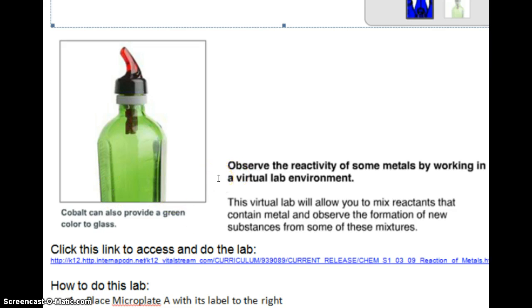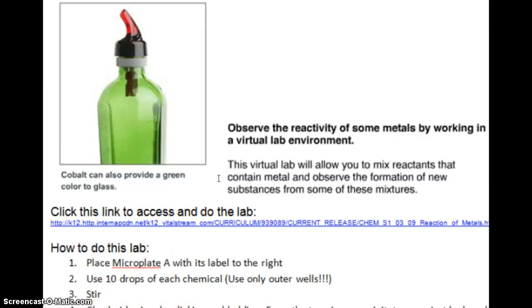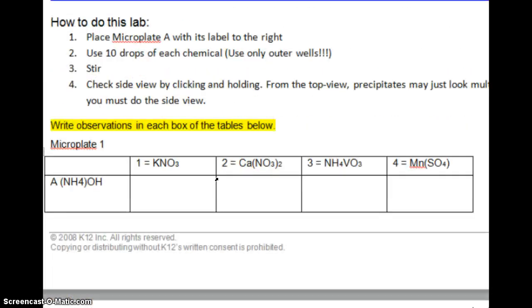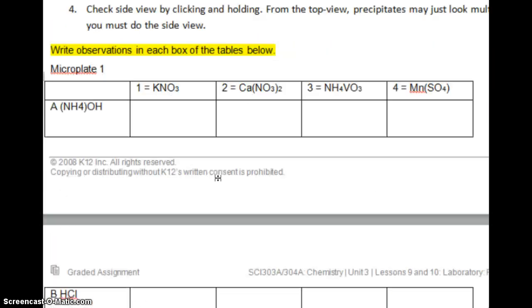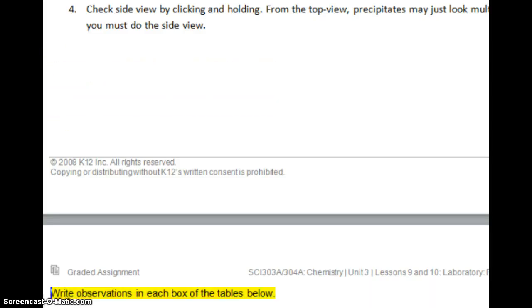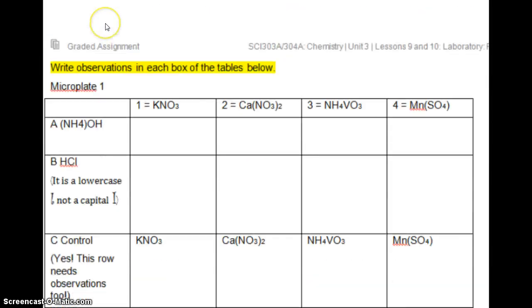So observe the reactivity of some metals by working in the virtual lab. All right, so we're going to go ahead and get started with that. The first thing that we're going to do is fill in a data table. We have 4 chemicals across the top: potassium nitrate, calcium nitrate, NH4VO3, ammonium vanadate, and manganese sulfate.